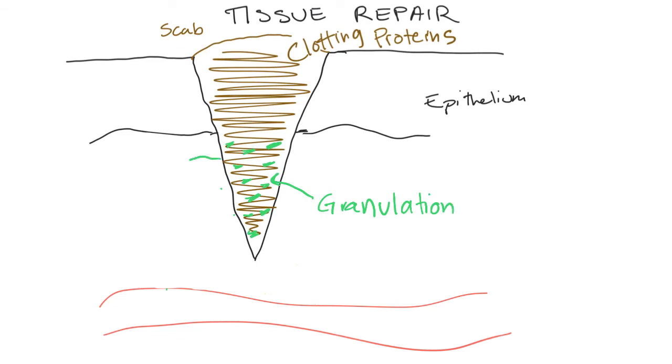Essentially what you have are fibroblasts growing fibers into the tissue. In addition to that, you're going to need a blood supply because you're going to have a lot more mitogenic activity here.